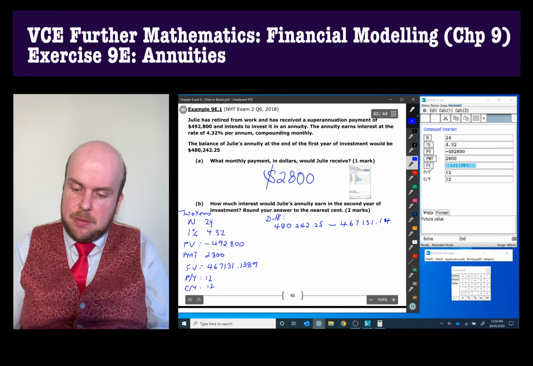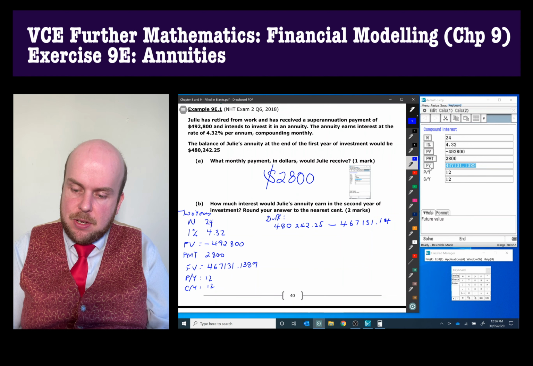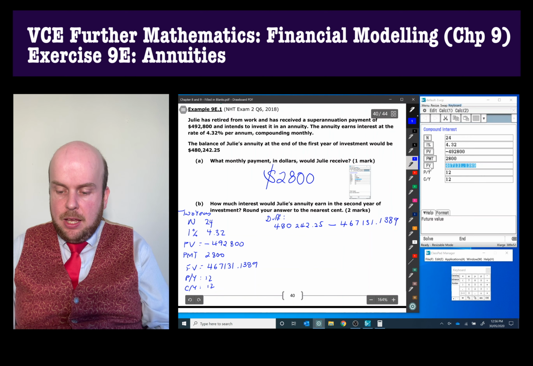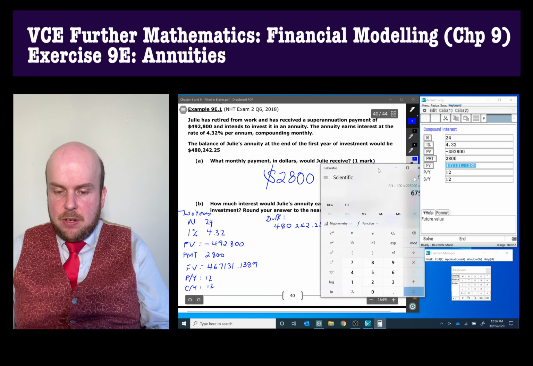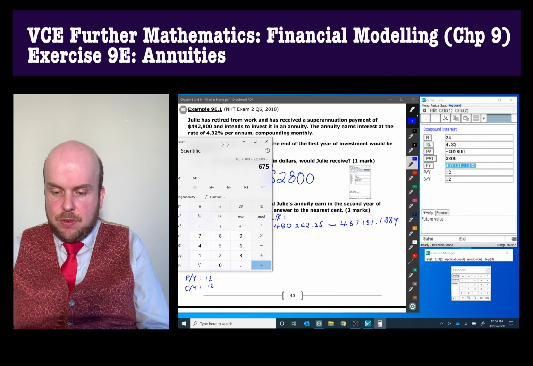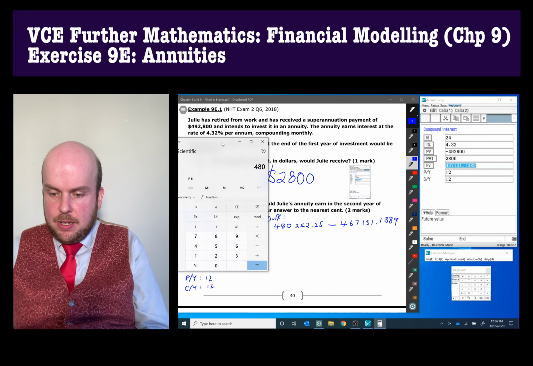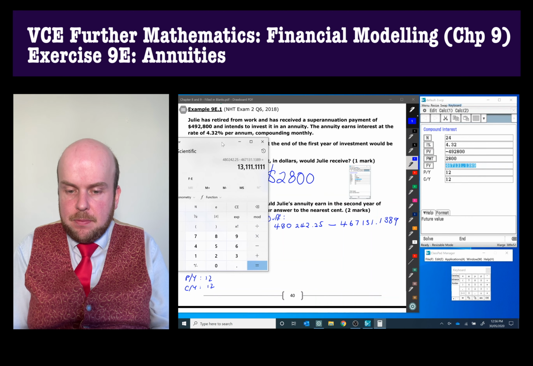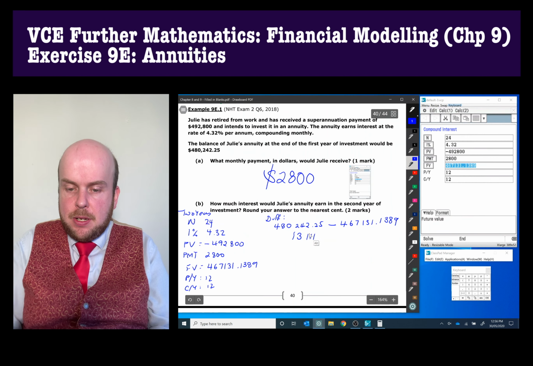And well, why not? Let's stick to my usual advice of unrounded figures. So then we'll do a subtraction. 480,242.25 minus 467,131.1389 gives 13,111.11.